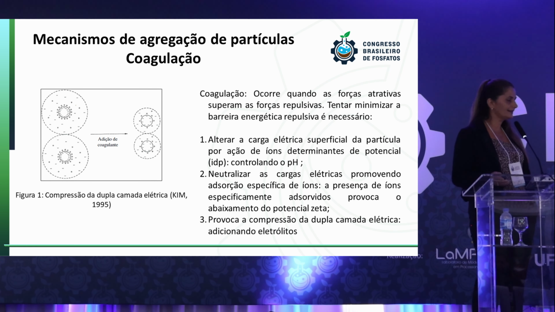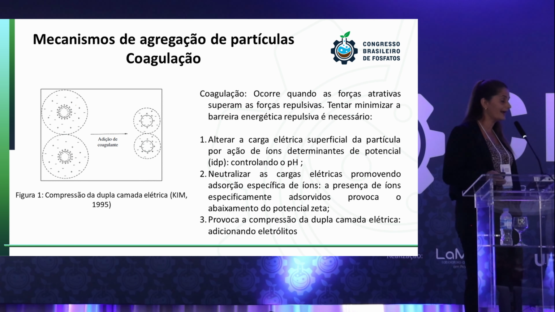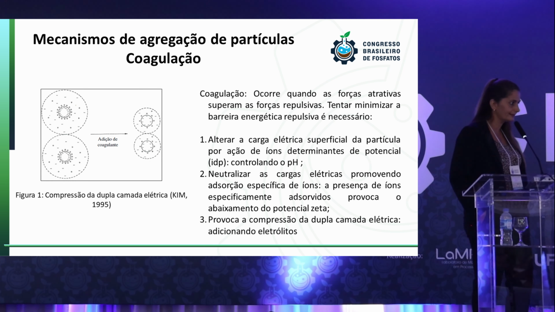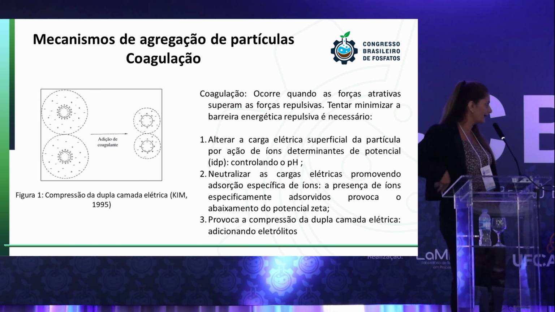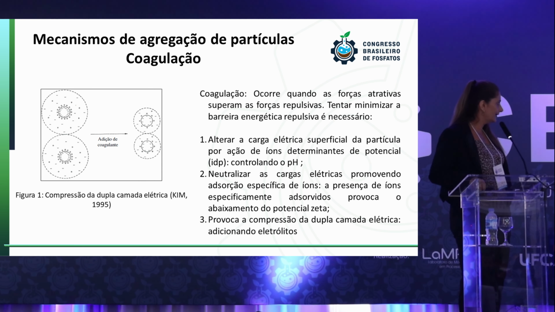I change the superficial electrical load by using potential-determining ions and I control the pH. I neutralize the electrical charges, promoting the adsorption of specific ions, so that I can lower the zeta potential. I also do this by compressing the double electrical layer, and I add electrolytes.